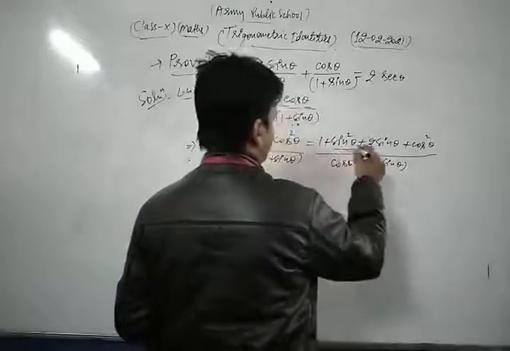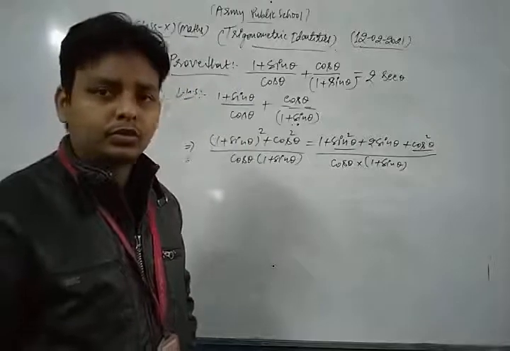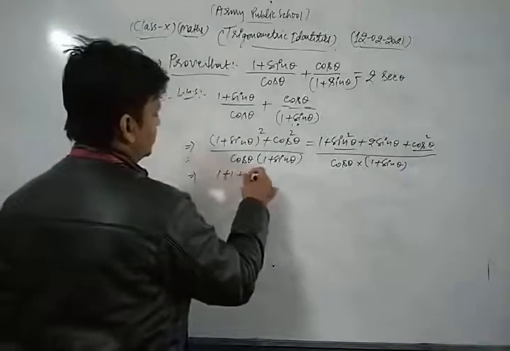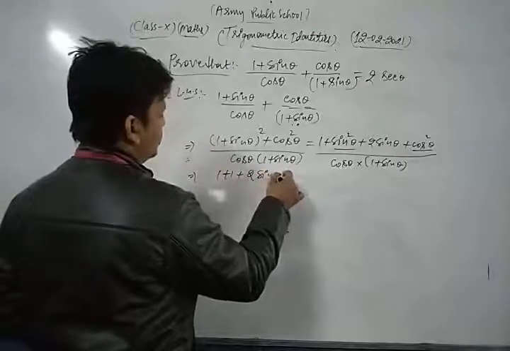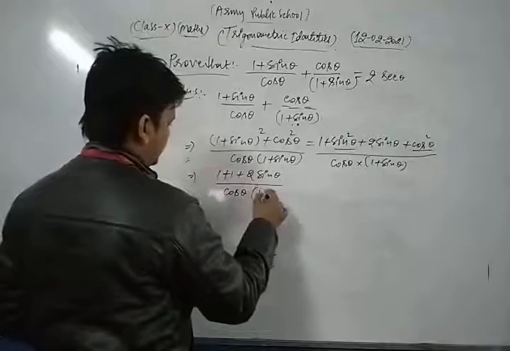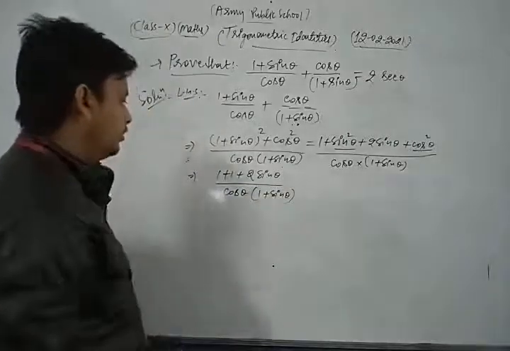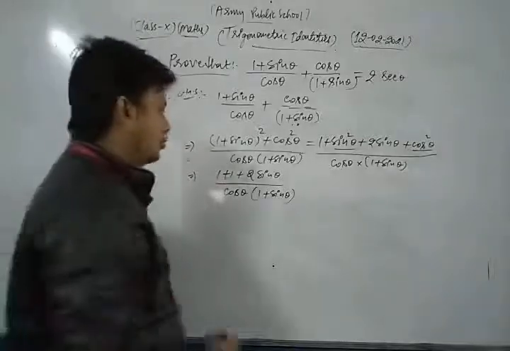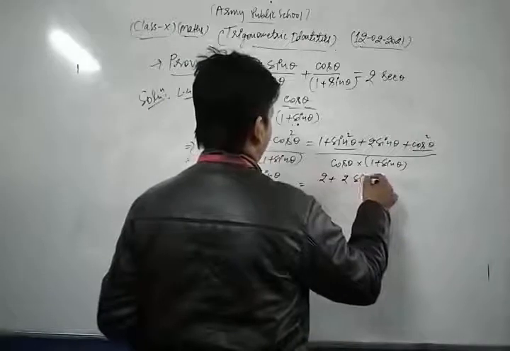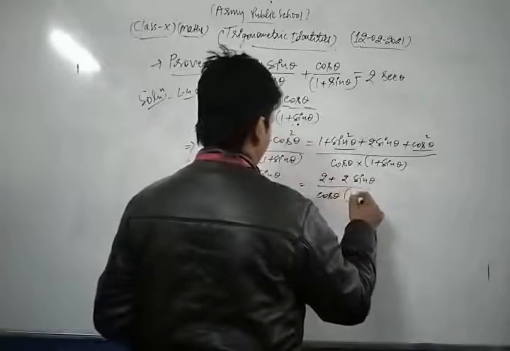Now sin square theta and cos square theta we take together, and the value of sin square plus cos square is 1, so we have 1 plus 1 plus 2 sin theta, that is 2 plus 2 sin theta, upon cos theta into (1 plus sin theta).